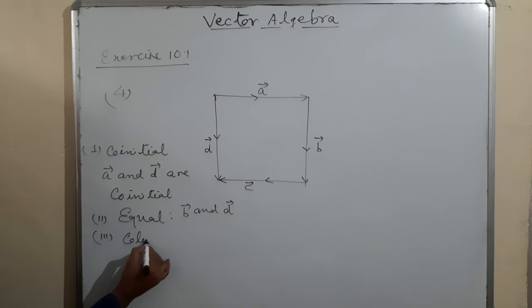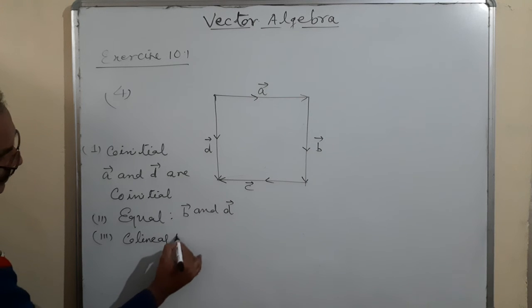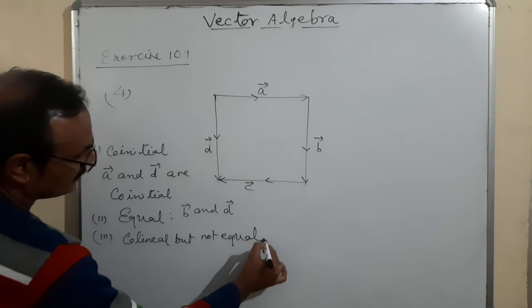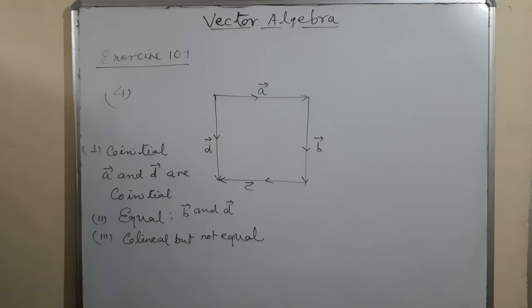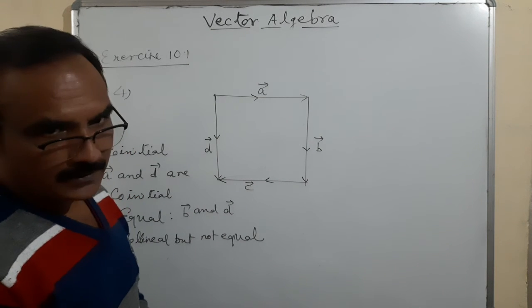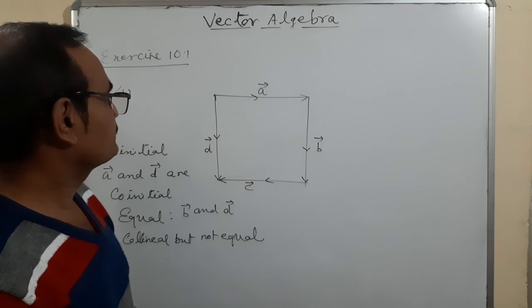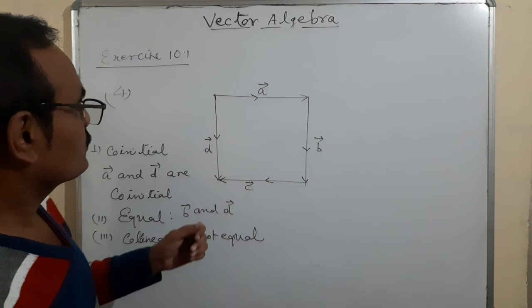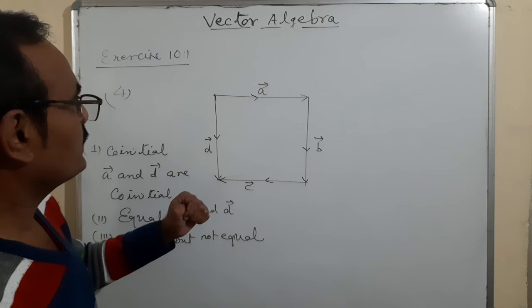Third one is collinear but not equal. Collinear, that means going on the same line. You can see that collinear but not equal.